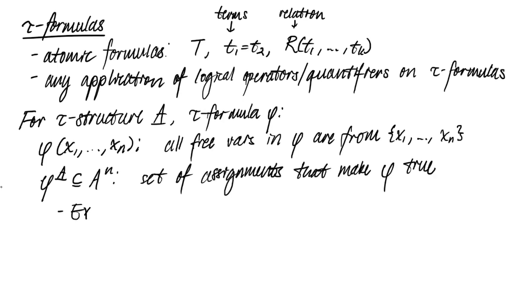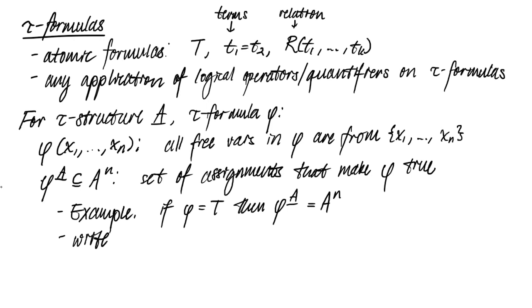By the way, a variable is considered free if it is not bound by some quantifier. For example, if we let tau formula phi be a tautology, then phi superscript A would be equivalent to the set containing every possible assignment of the variables x1 to xn. We say A satisfies or models phi of a1 up to an if the variables a1 up to an are in phi superscript A.